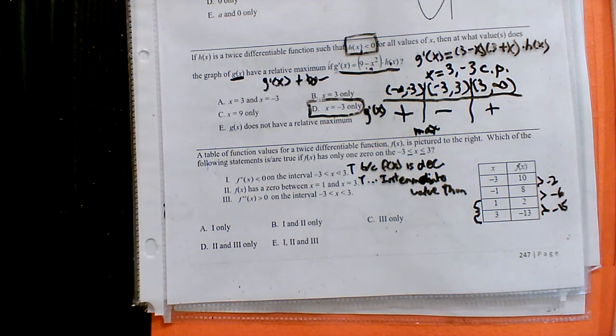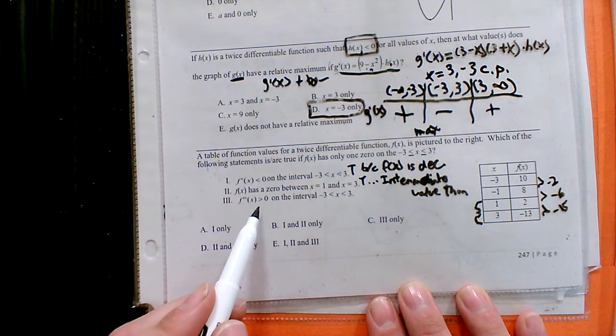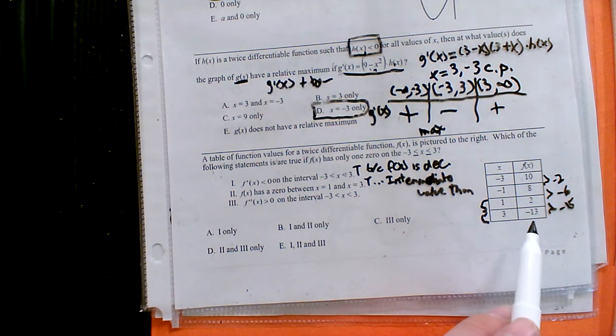Okay. Let's look at the third bullet point. The second derivative is greater than 0 on the interval negative 3 to 3. Let's take a minute and think about it. So the second derivative greater than 0 on the interval negative 3 to 3. We know this is the original.